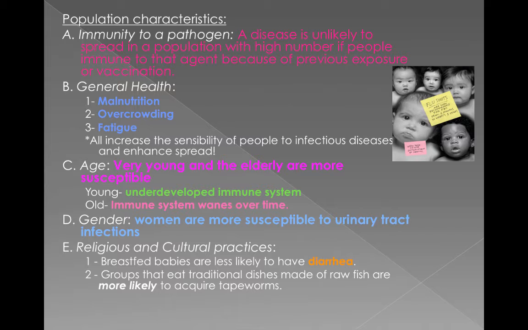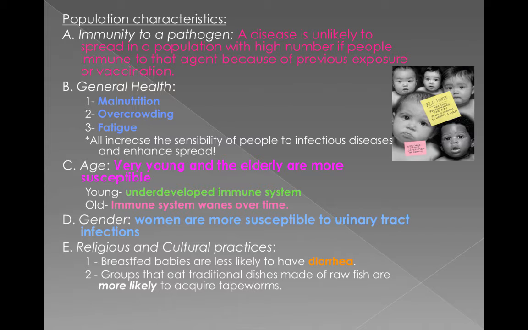In terms of age, excuse me, the very young and the elderly are actually way more susceptible. The young, it's because they have an underdeveloped immune system. The old, it's because their immune system wanes over time.